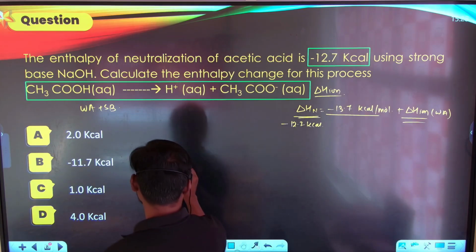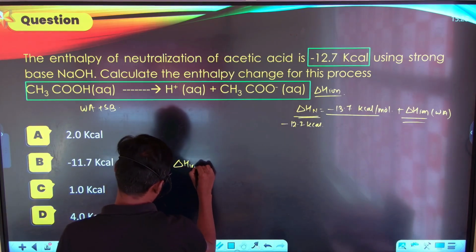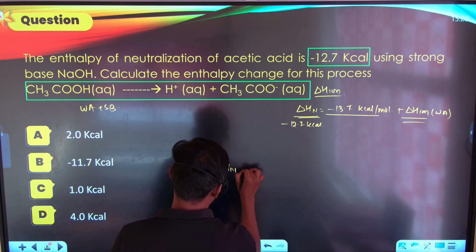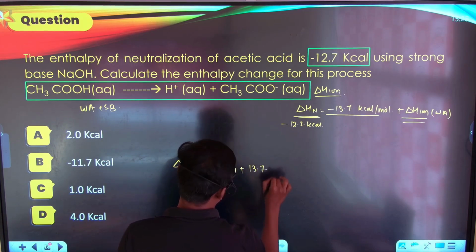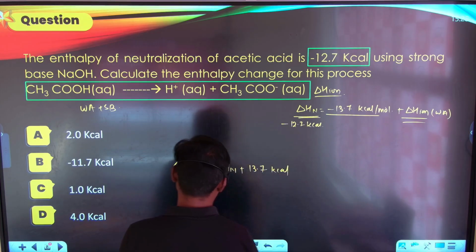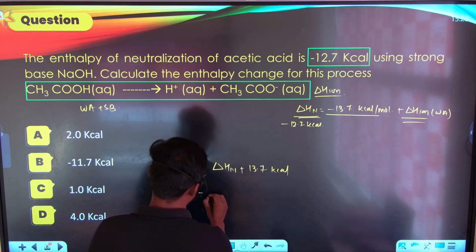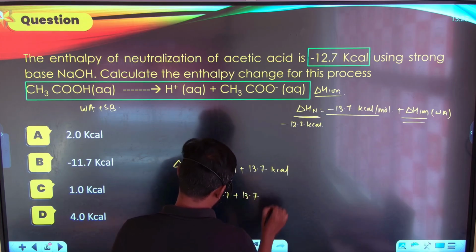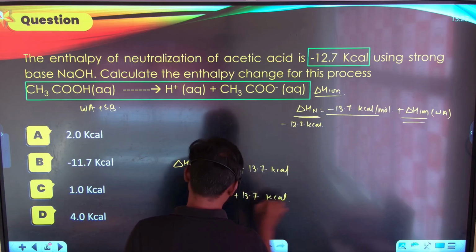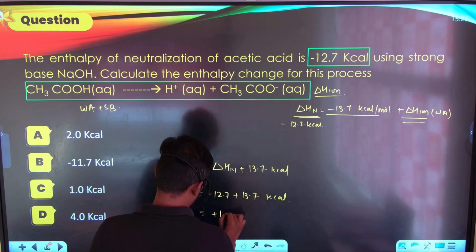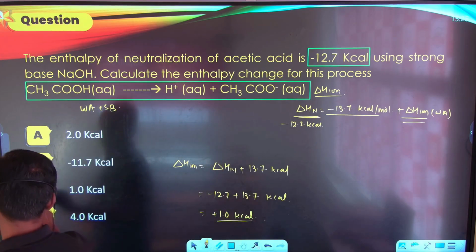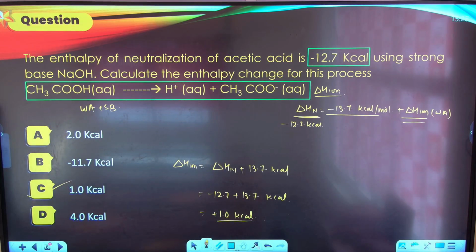So my delta H ionization will be delta H neutralization plus 13.7 kilocalorie, that is minus 12.7 plus 13.7 kilocalorie, equal to plus 1.0 kilocalorie. That is my ionization enthalpy. Option C is correct.